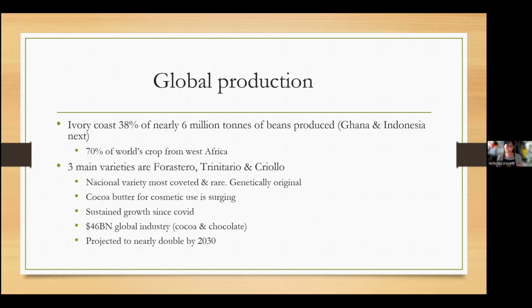In terms of types of chocolate, there are 3 main types used for chocolate production: Forastero, Trinitario, and Criollo. These three represent like 80 to 90% of all cacao that goes into making chocolate. There are other types available, other species.